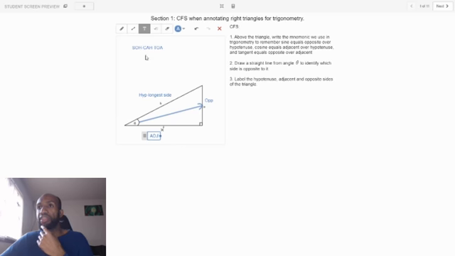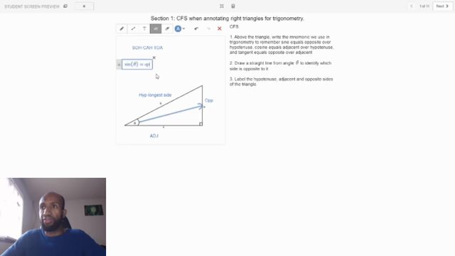Now, what if we were trying to find an equation for this angle? What we would need to write is using our SOHCAHTOA model here. Let's use the sine function. So sine of theta is equal to, sine of theta says opposite over hypotenuse.